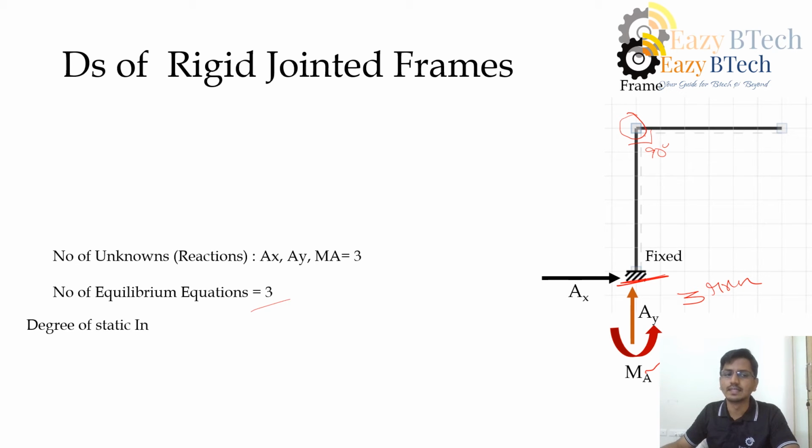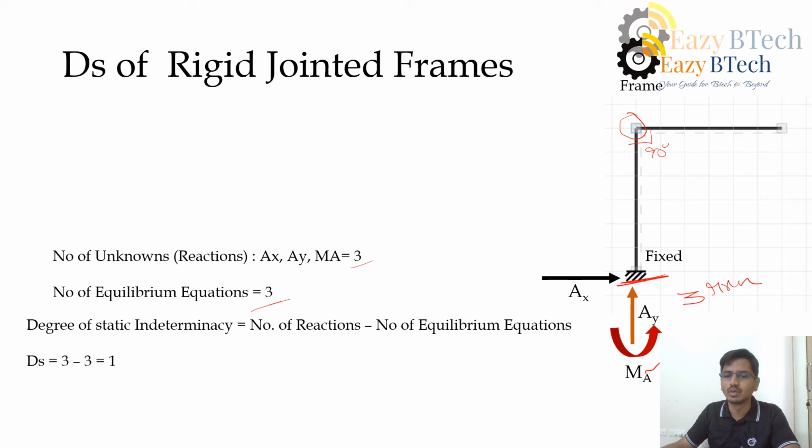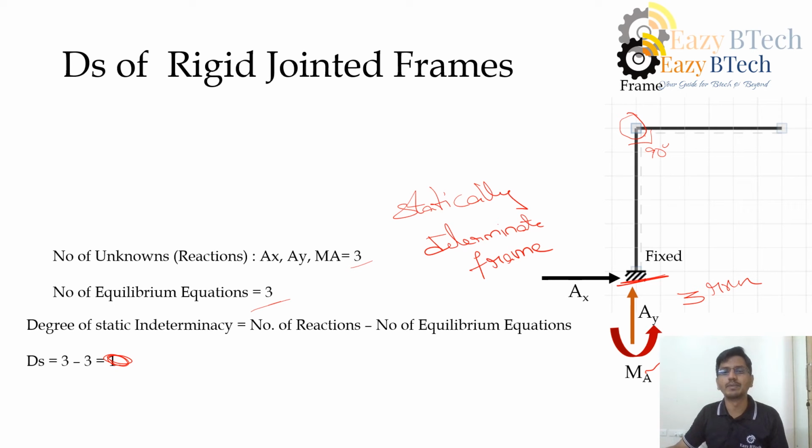So the degree of static indeterminacy is the number of reactions minus the number of equations, which gives 0. So this is a statically determinate frame. With the number of equilibrium equations available, we can easily find the reactions for this frame.